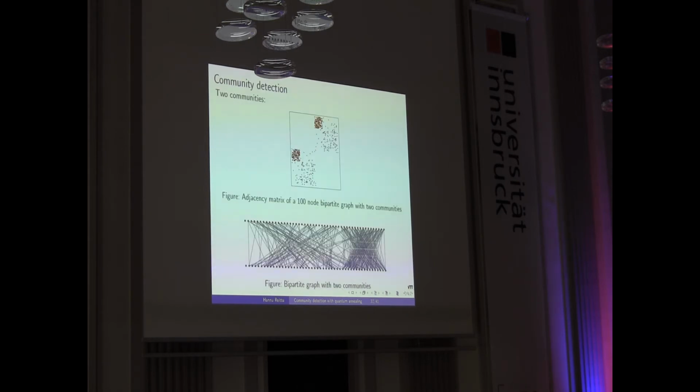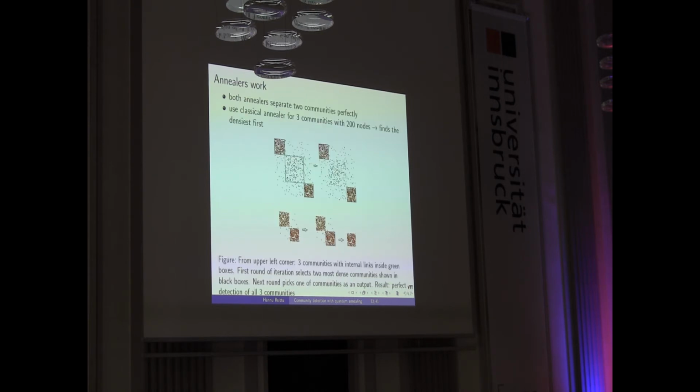Okay, so next I tried these community detections with two communities. This is one and the other is this. Here is the denser community. And again, with 100 nodes, both simulated annealer and D-Wave found them 100% correctly. And with simulated annealing, I tried a bigger one with three communities. And again, it seems to work as I depicted.